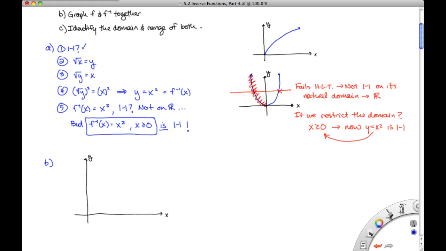So I'm going to do the square root of x here in blue. So this is f, and then in green I'm going to do the f inverse of x, x squared, and this would look, again, we're only using part of this, but we could see how that works out.